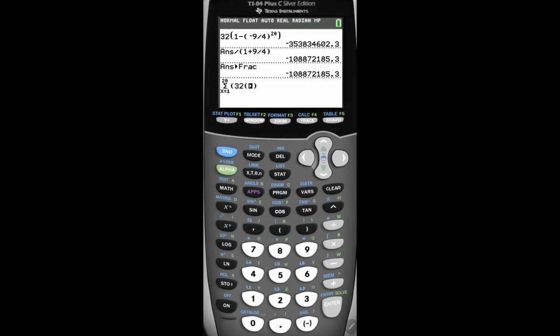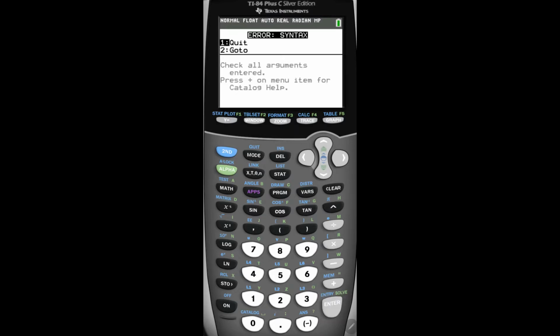And then what was this? Negative 9 over 4 raised to the n minus 1, close parentheses, and whoa! Oh, I see.